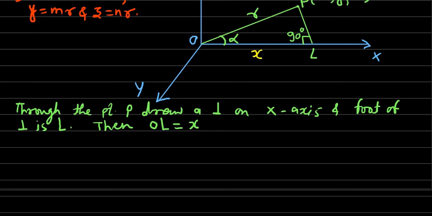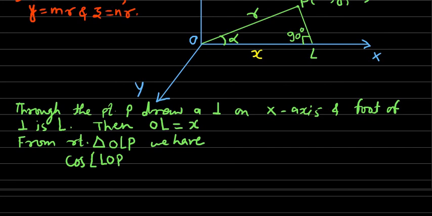So from right angle triangle OLP, which is right angled at L, we have cos of angle LOP.